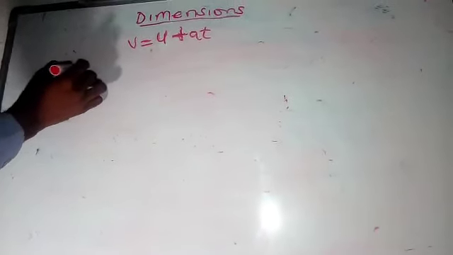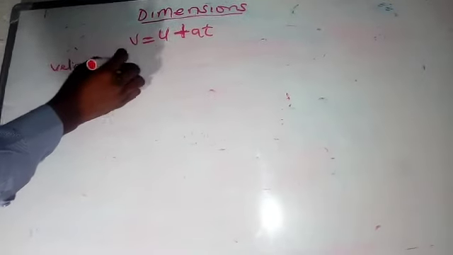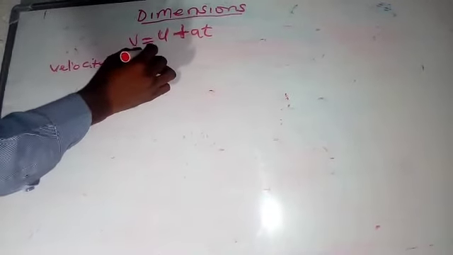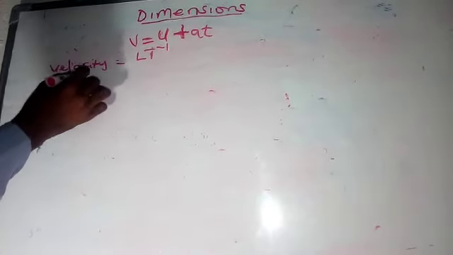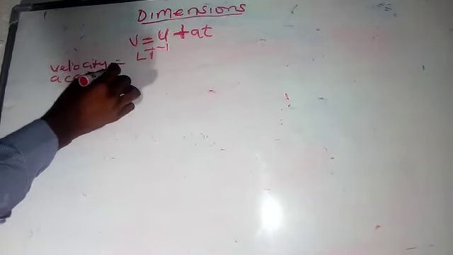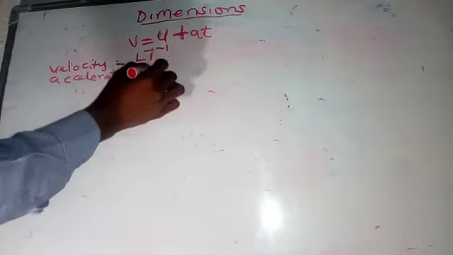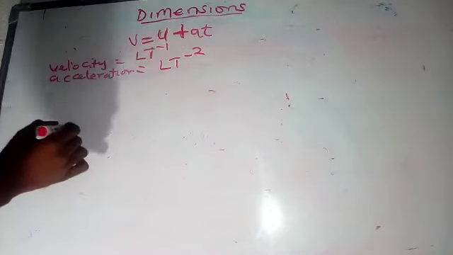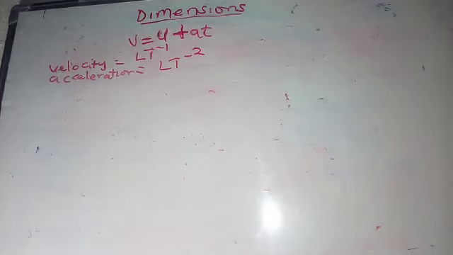So looking at that, we know the dimension of velocity is what? The dimension for velocity is LT^-1. Acceleration is LT^-2. So you substitute that into this equation and see what you get. To check if the equation is dimensionally correct, the dimensions of the left hand side should be the same as the dimension of the right hand side.